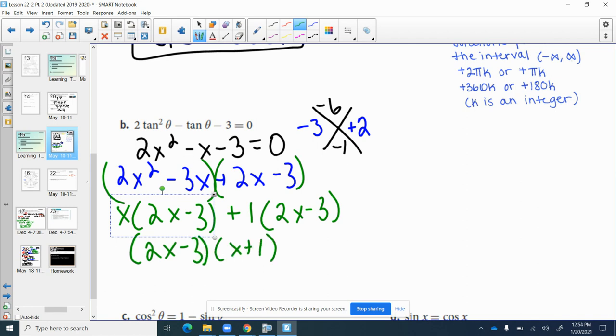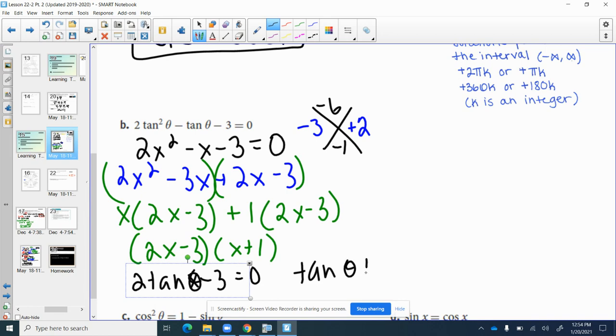Okay? And when we substitute back in the tangent, we have 2 tan of x minus 3 equal to 0, or theta, I guess they were calling it, and tangent of theta plus 1 equal to 0.